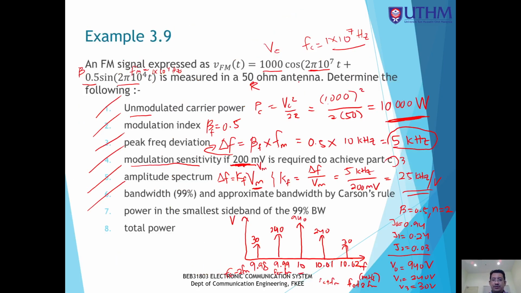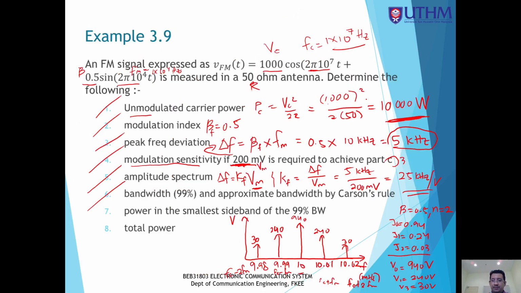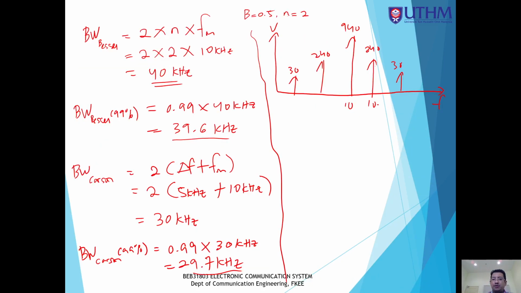This is 10, 10.1, in terms of megahertz.